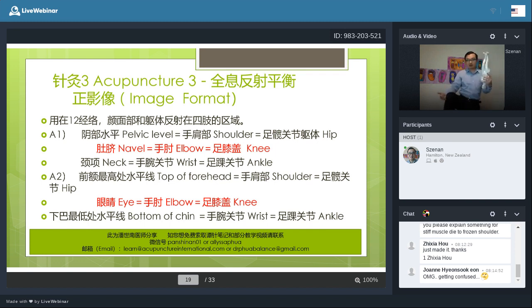My leg, the bottom joint is ankle. So ankle and wrist is my bottom joint now. So ankle and legs can treat 百会. And the trunk, the neck is on the bottom now. So neck, those can treat this level, neck level.